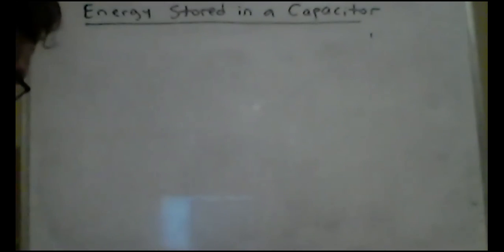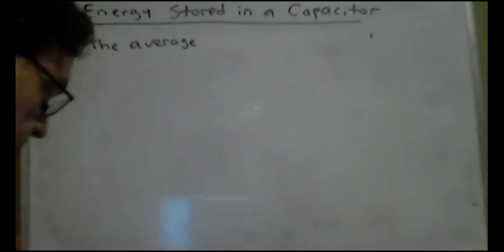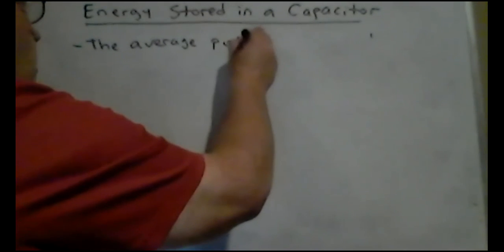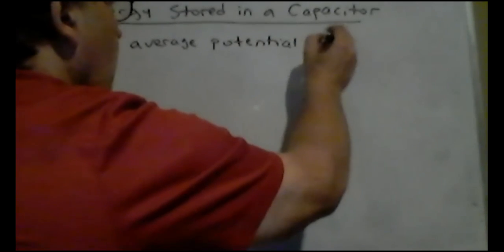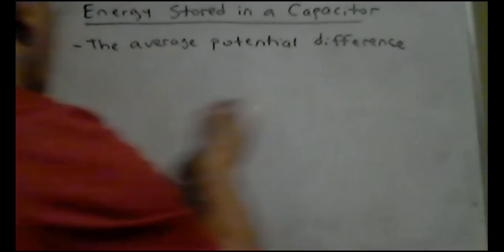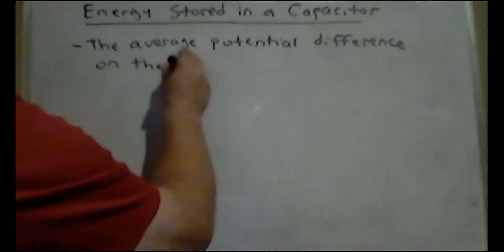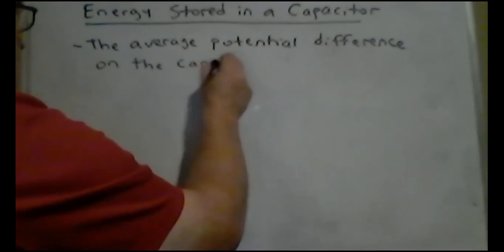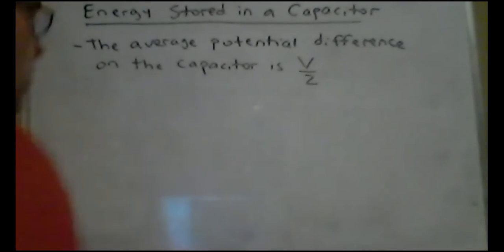So the average voltage, or potential difference, on the capacitor is right in between 0 and V. And that's V over 2, 1/2 V. That's the average.